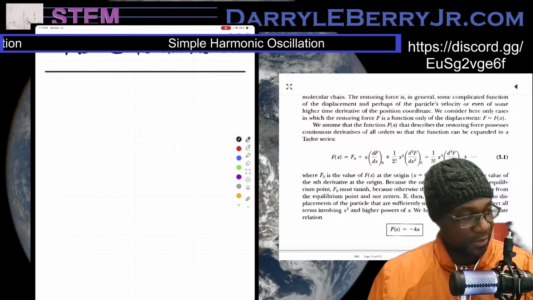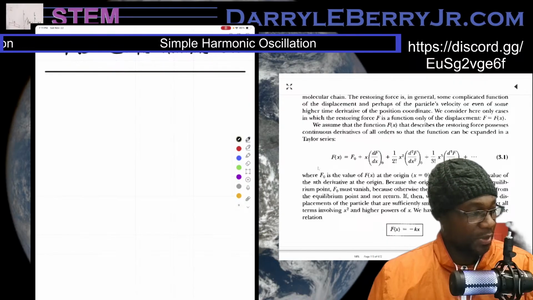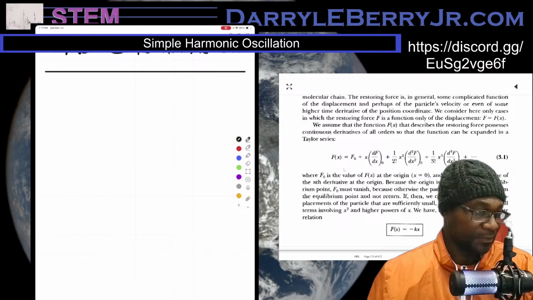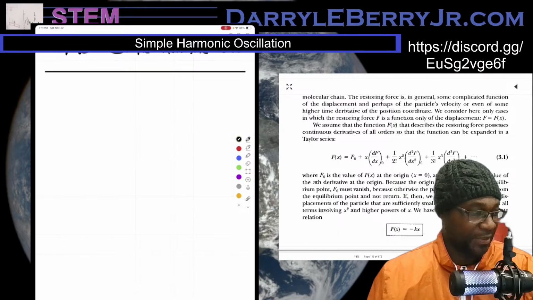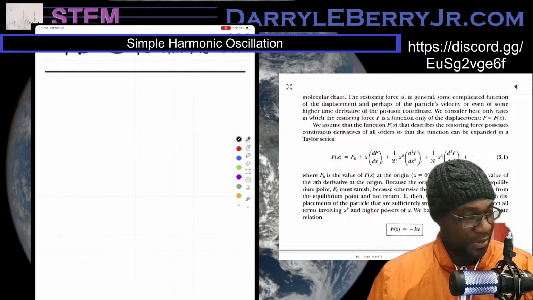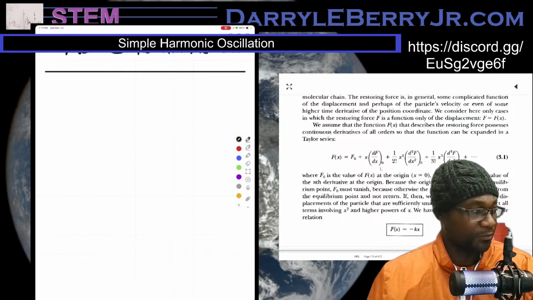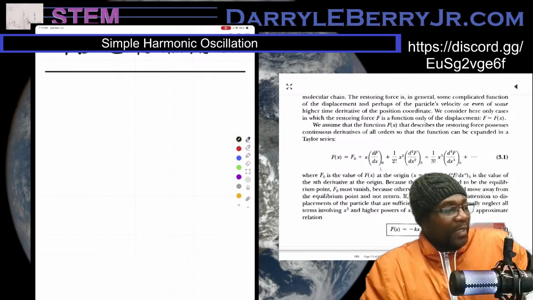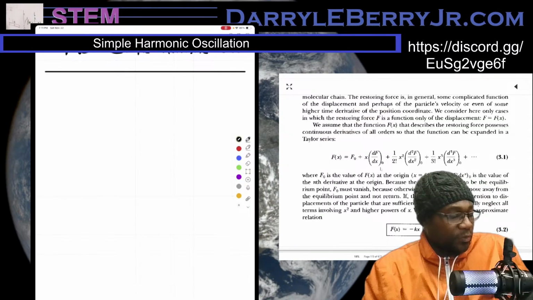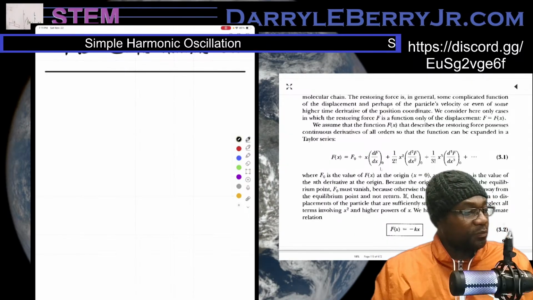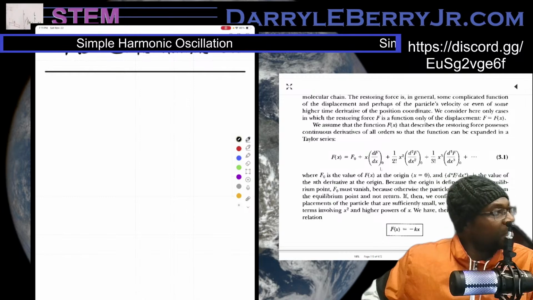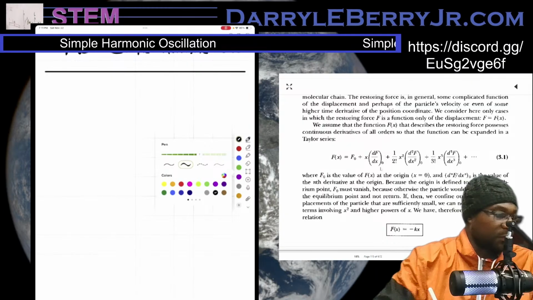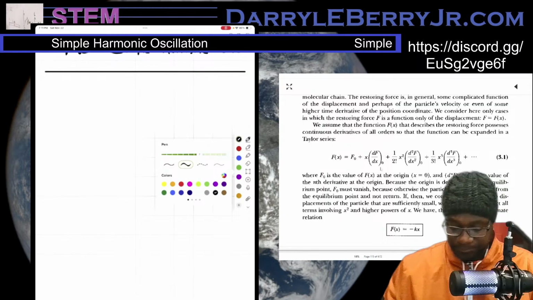In this case, we're using a force, taking the Taylor series expansion, expanding this out, taking the first order linear. I'm unsure why they do it this way and not going straight to the limit, but I guess we do that later. We do the second derivative thing, we'll see.